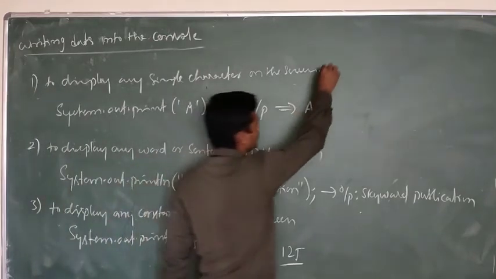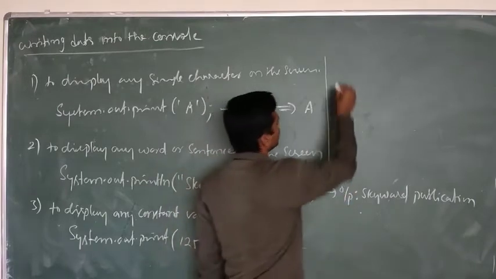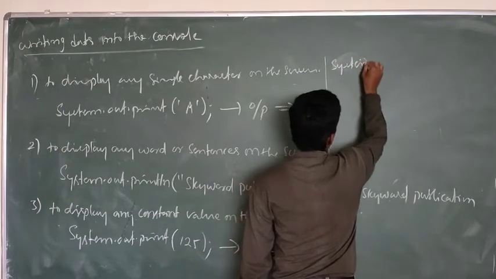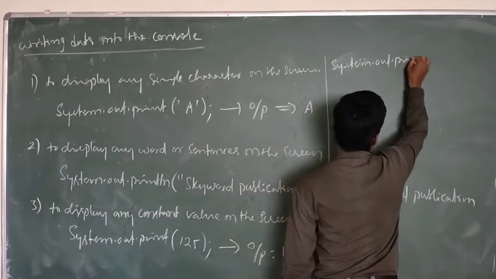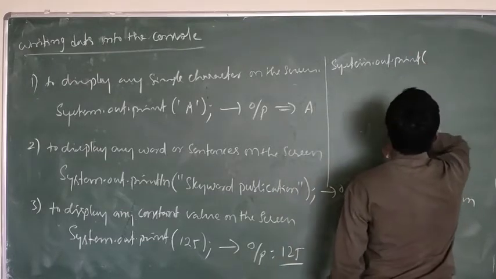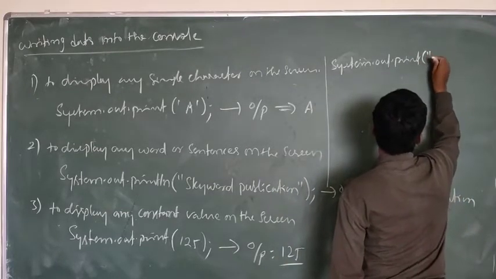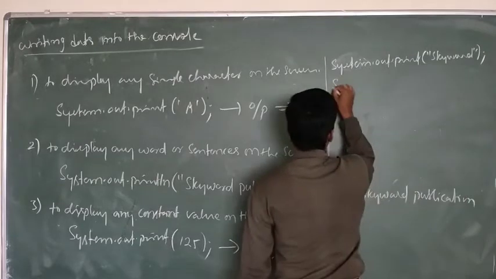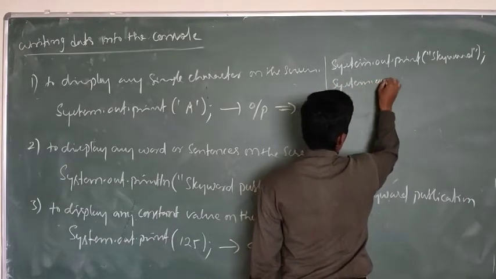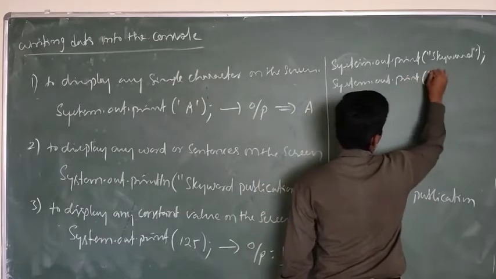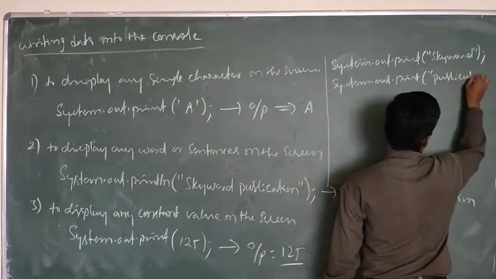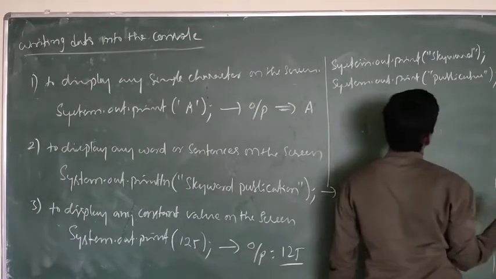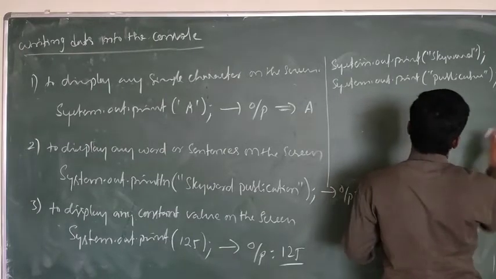If you want to see the differences between print and println, for example, System.out.print("Skyward") and here again System.out.print("publication").